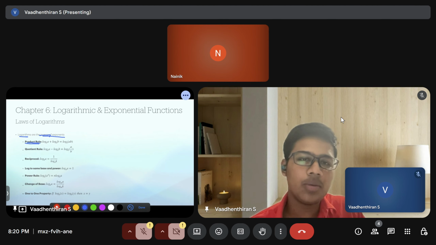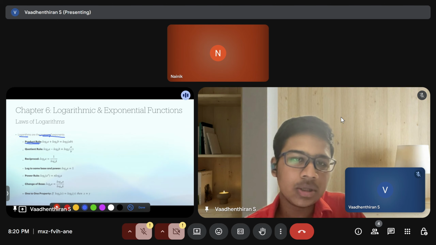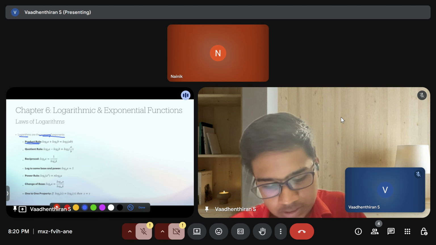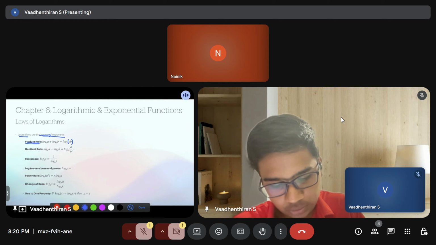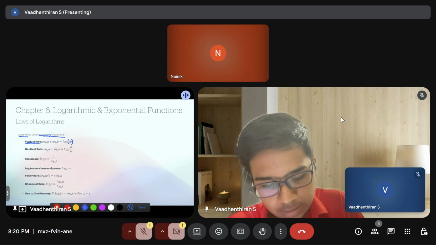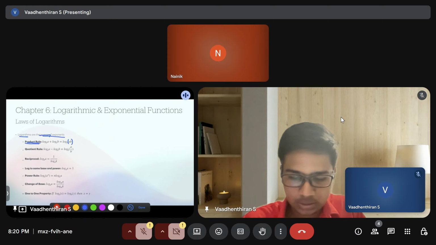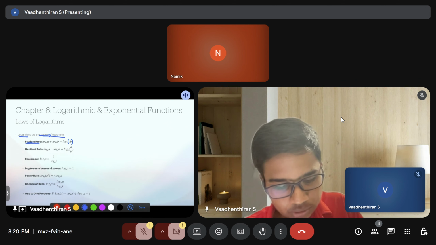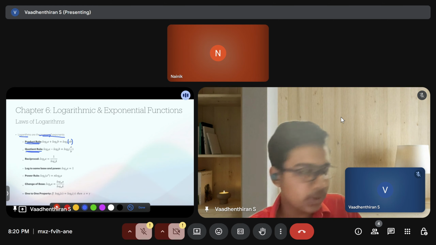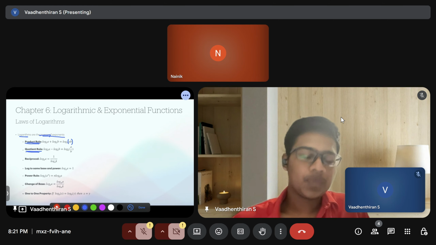So if you're adding any two logarithms to the same base, you can multiply a and b and make it into one form. Then the quotient rule is similar. If you're subtracting with the same base, you can divide like this, a by b.